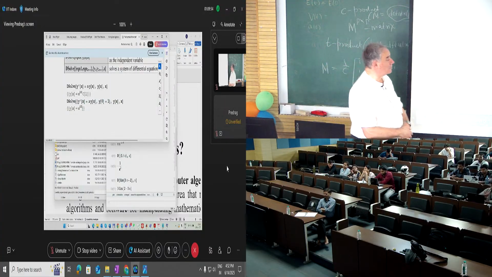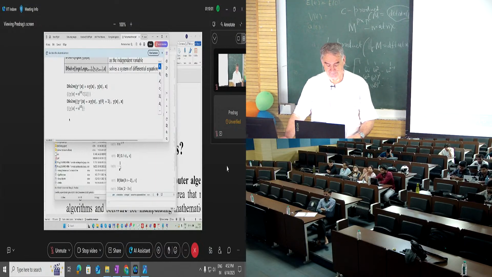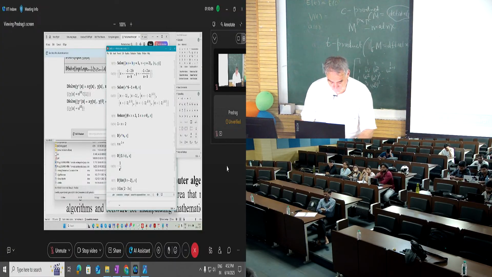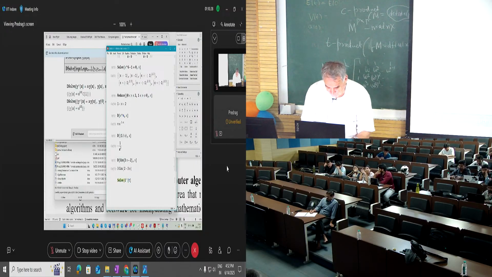We can use Mathematica to solve differential equations, or a system of differential equations. Solve, with respect to t.